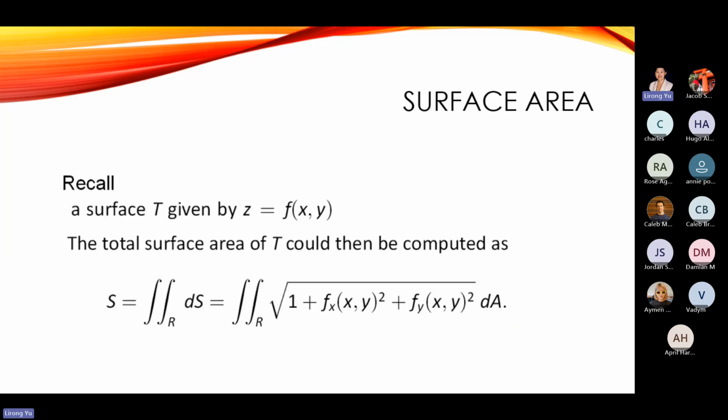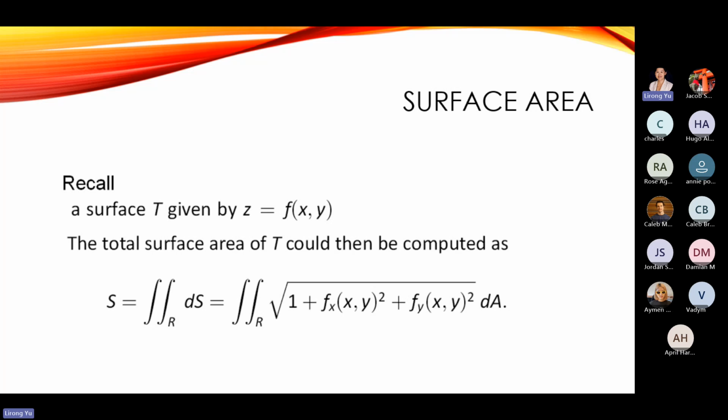To do the surface integral calculation, we'll have to review the formula for how we calculate surface area. Surface area is actually a surface integral calculation in itself. It's a surface integral of 1 along that surface.